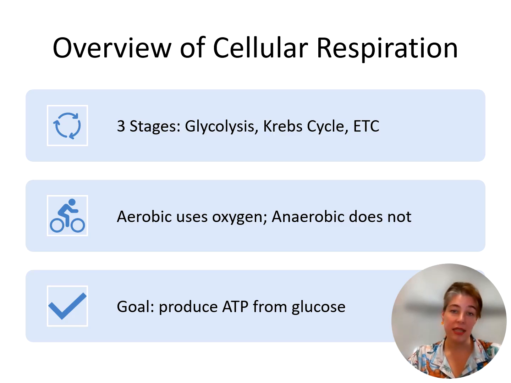And this process has 3 main stages. So cellular respiration has 3 main stages: glycolysis, the Krebs cycle, and the electron transport chain, so ETC. And they all have the purpose of making ATP, energy, from glucose, a sugar.